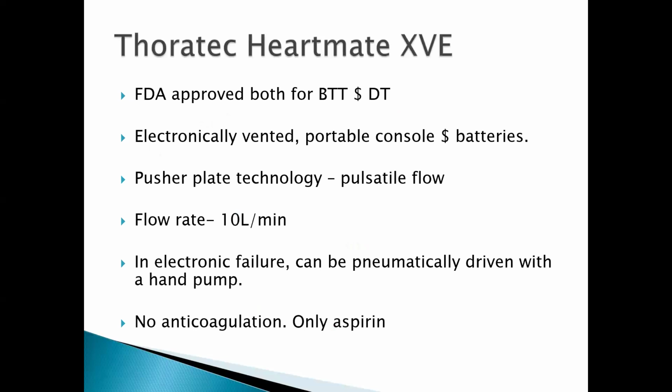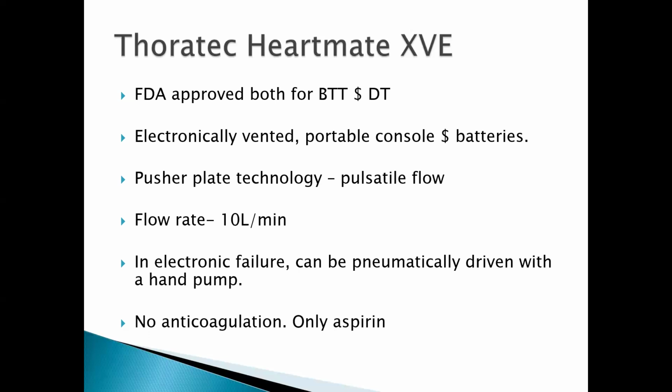Next slide. Then the Thoratec HeartMate XVE, this is a first-generation long-term ventricular assist device. The FDA has approved it for both bridge to transplantation and destination therapy. It's electronically vented, it's portable, and it has its battery.